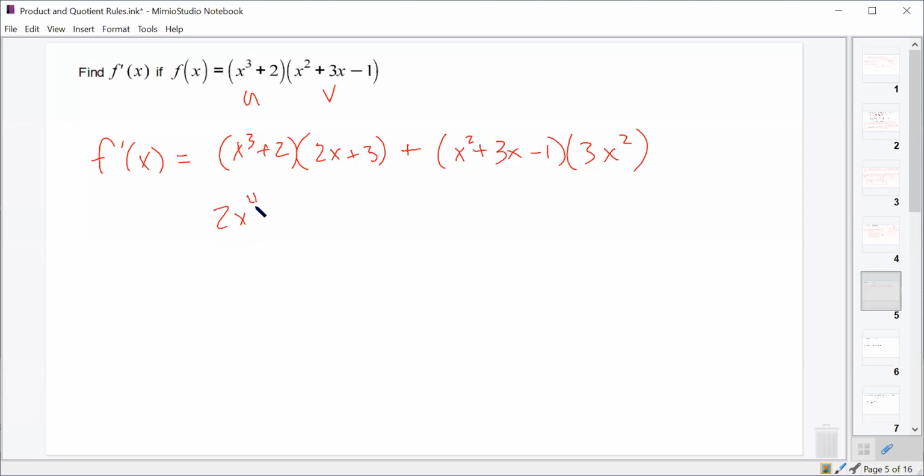So just to make sure we can successfully do that, that should be what? 2x to the fourth plus 3x cubed plus 4x plus 6 plus 3x to the fourth plus 9x cubed minus 3x squared.